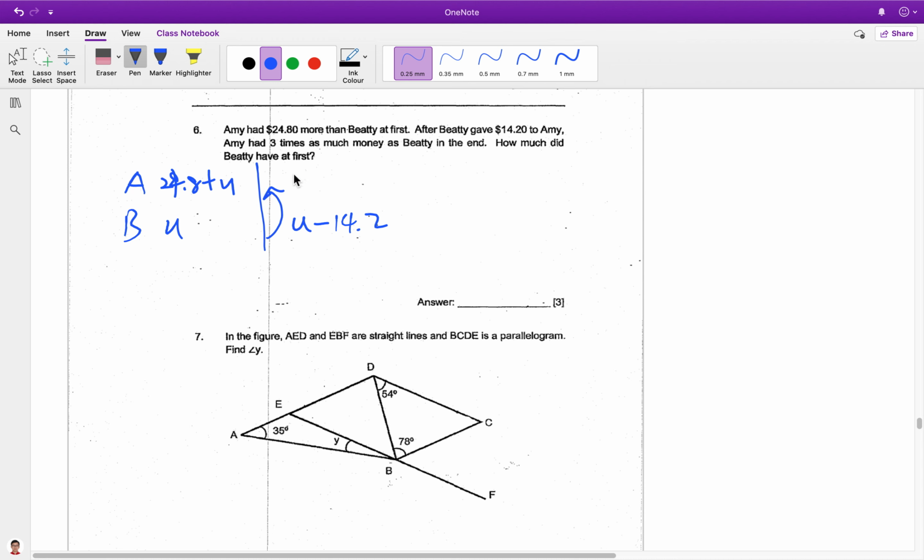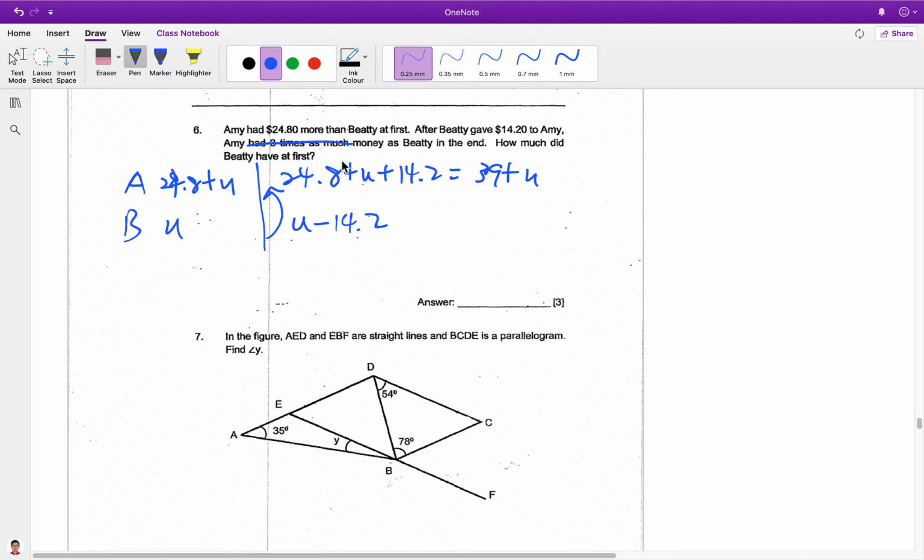Then how much money does Amy have? Well, it's 24.8 plus U plus 40.2, right? This one gives, right? How much did it give? It's 65 plus U, right? So here it says it's 3 times as much as Betty has.